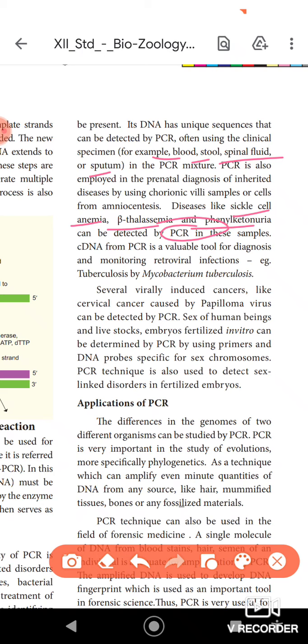Another important bacteria we can easily find out with the PCR is Mycobacterium tuberculosis, which causes the TB.